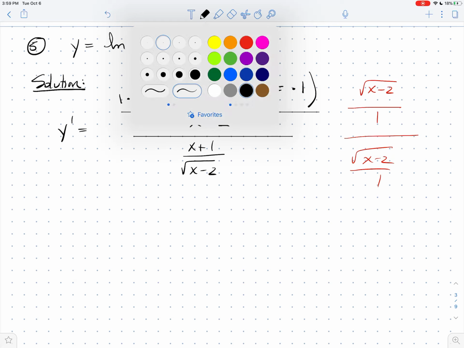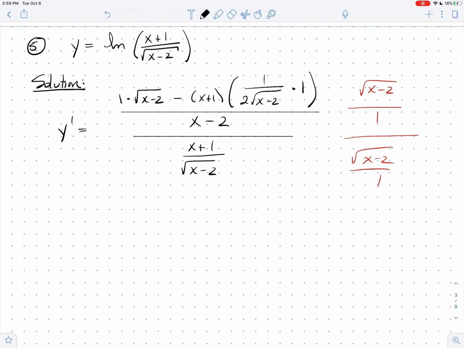So let's really carefully do this. You got to be so careful not to mess anything up here. So when I distribute, these two cancel and I just get an x minus 2. That's nice. And then this one and this one cancel out. They're gone. And so I get minus a half times x plus 1. And then I've got this all over x minus 2.